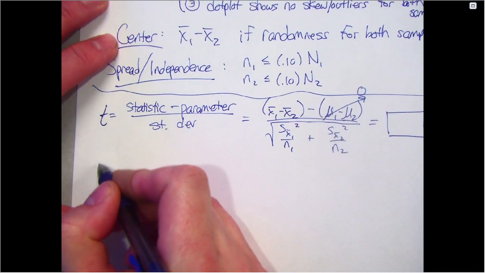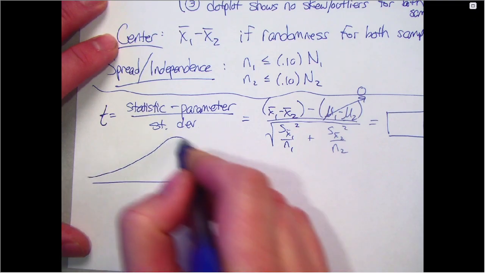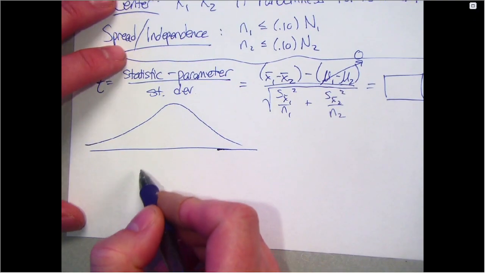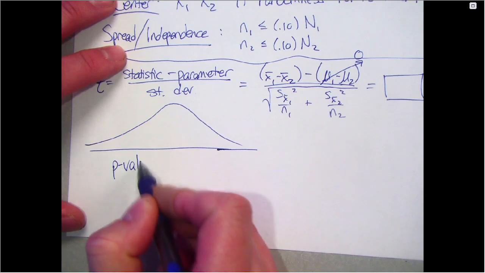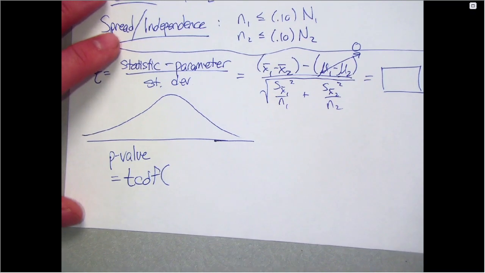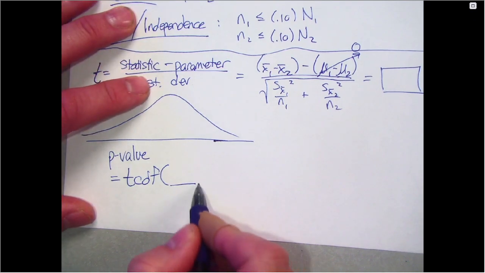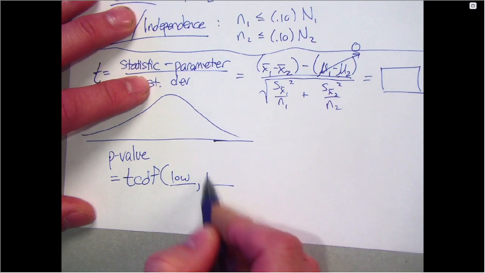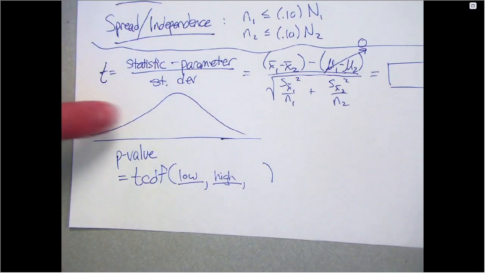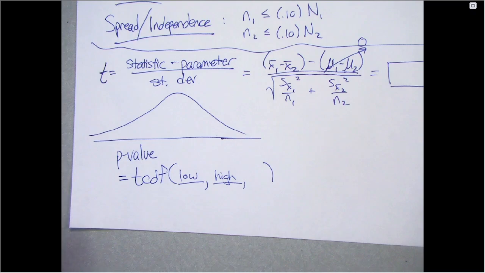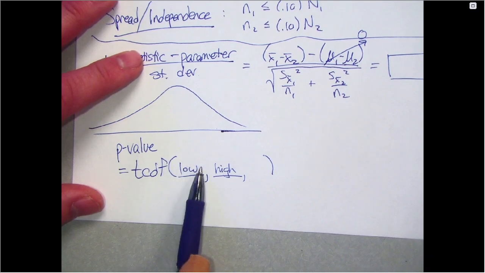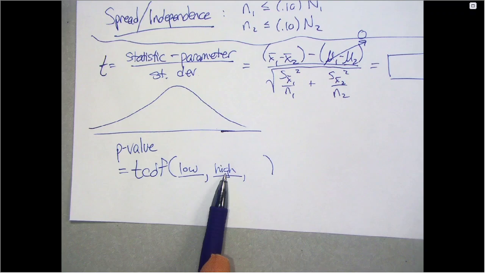So then you get a p-value with it, so you'll have a drawing. I'm not writing all 3 scenarios. You'll do a drawing, and then you'll get a p-value. To get the p-value, you will do tcdf of something, comma something. This is your low and your high. And it depends on whether we were doing a less than, or the left-hand side, right-hand side, or both. If you do tcdf of just -999 up to -2 or something, it'll give you an error.